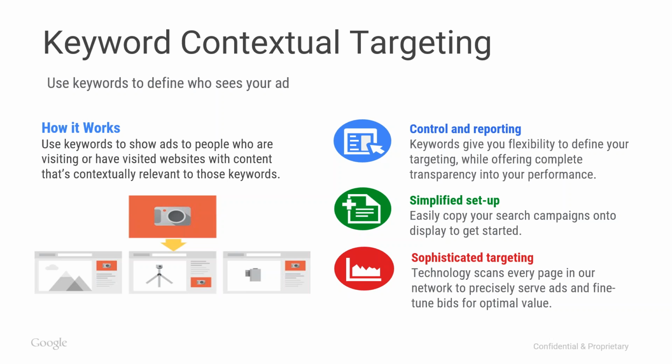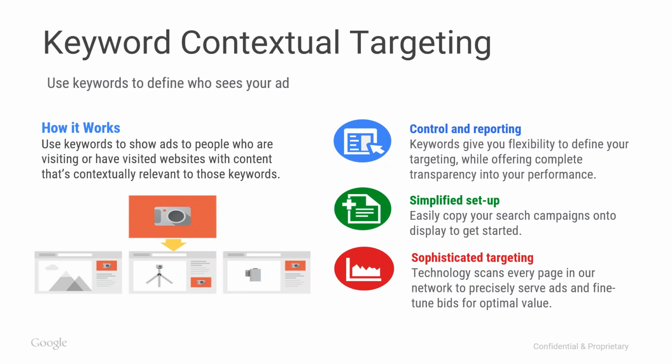One of the most common options is keyword targeting. The way you saw in the search platform earlier, we use keywords to target users. It's the same way of targeting in display as well. You specify keywords to the system, and based on that, your ad would show. But it works slightly differently.